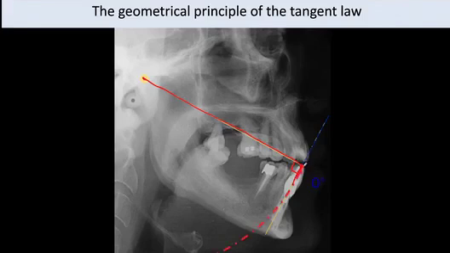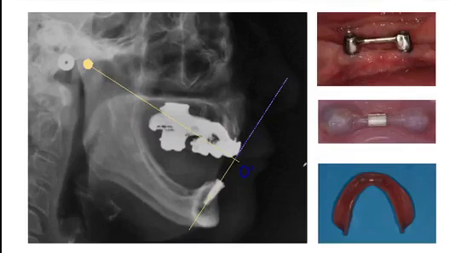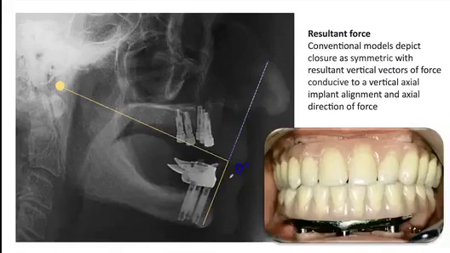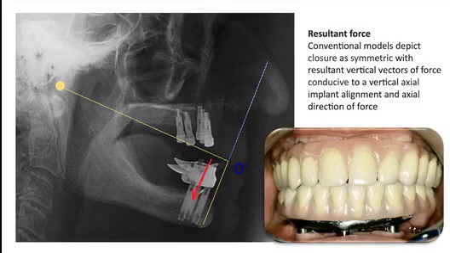Because the closing movement is a cycle around the condyle, and the direction of the force is like this. That is a good direction for an anterior implant. And we have to try, for a full implant arch, to organize the resultant of resistance perpendicular to this direction, like this.